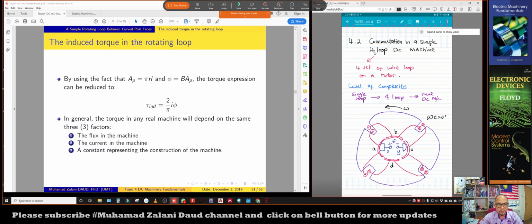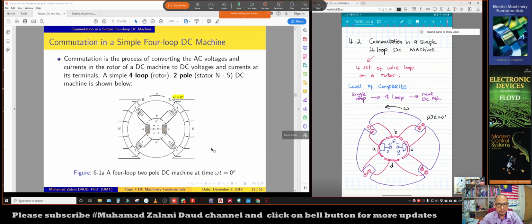This is a four-loop system, meaning that we have four sets of wire loop, as you can see in the bottom figure here. The same figure in the lecture slides I have redrawn in my lecture notes. We are considering four sets of wire loop on the rotor.